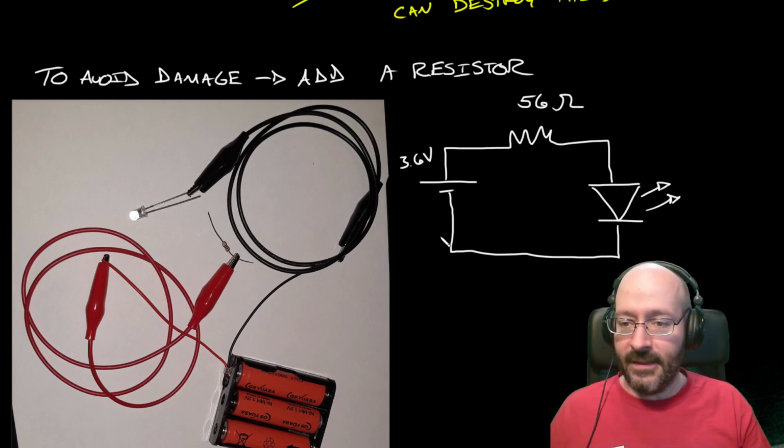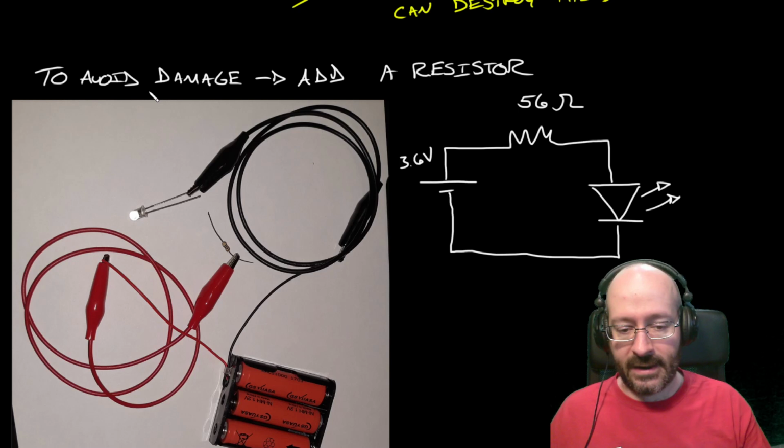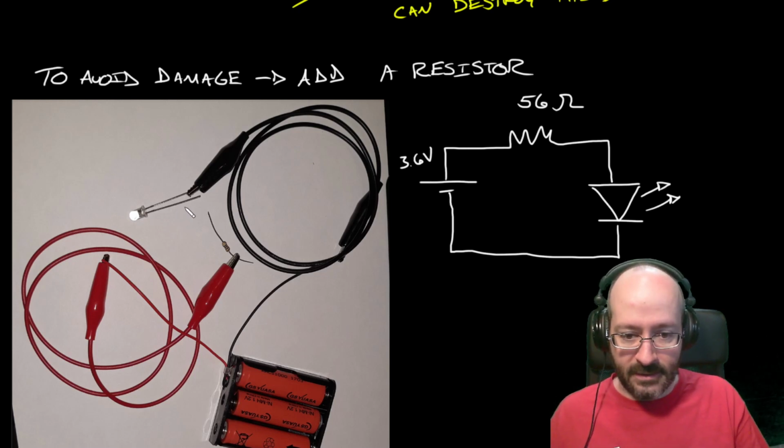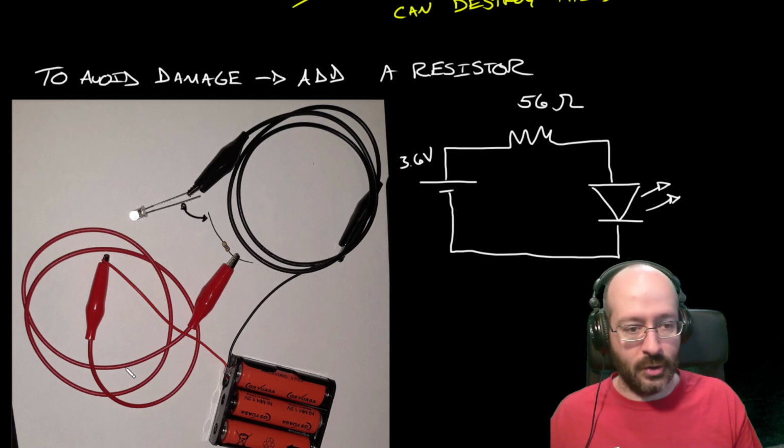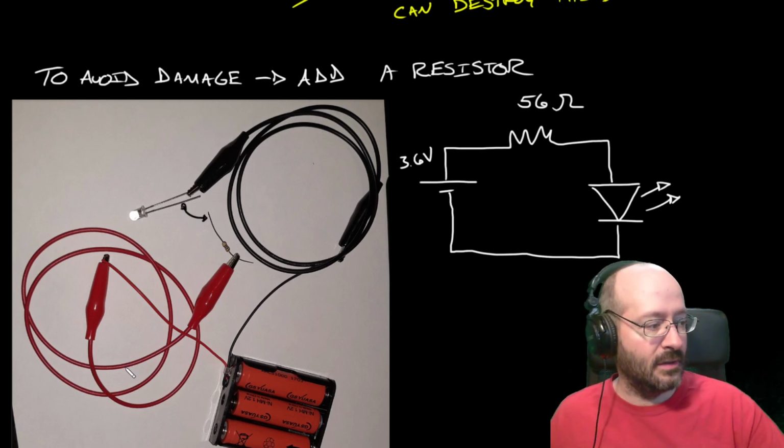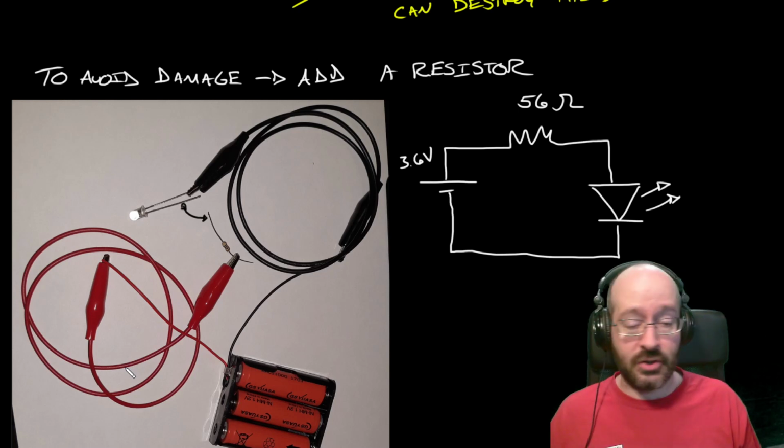Okay, and then since I'm on a white background I need black, and then touch the other side of the resistor to the anode of the LED, and it should turn on.